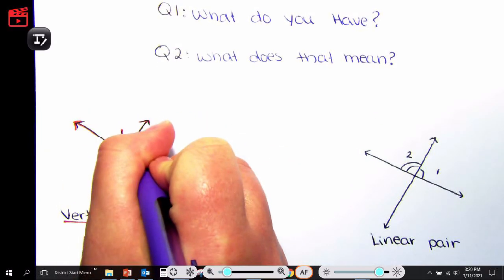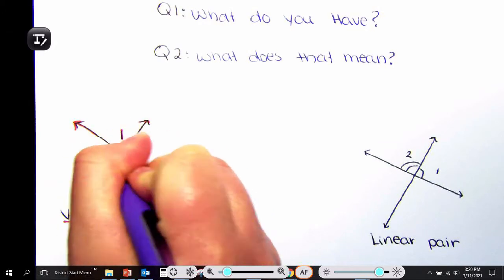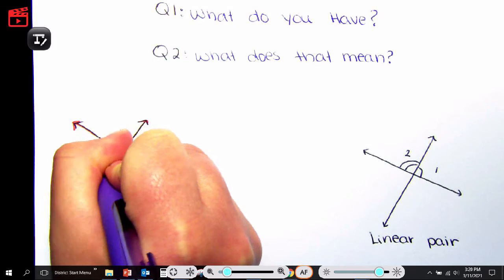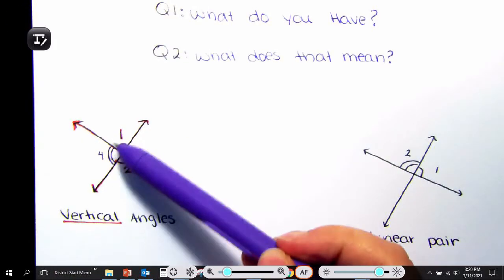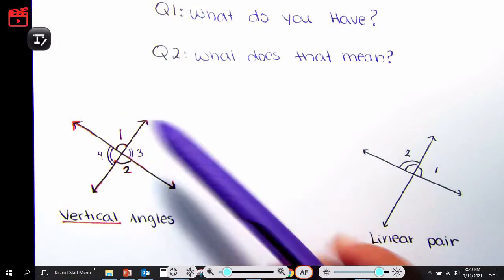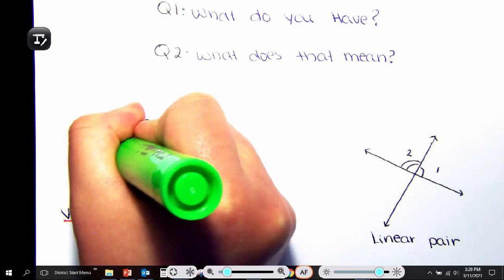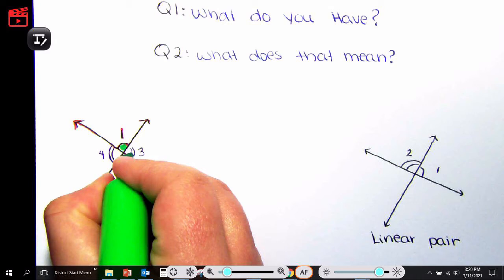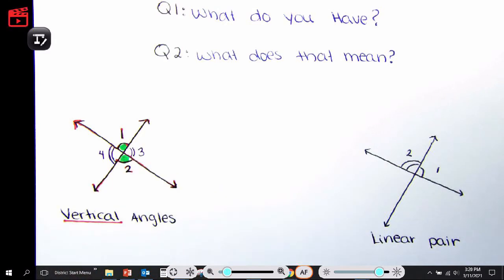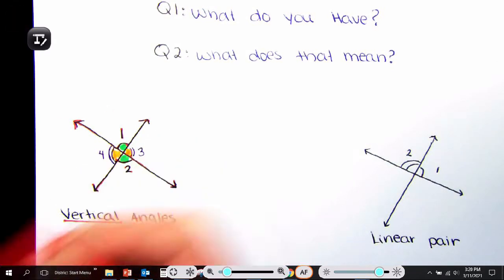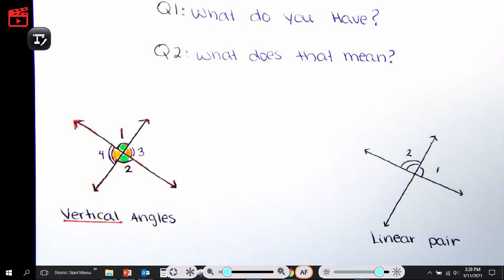So notice how I am creating these tick marks, and the number of tick marks are the same. So angle 1 is congruent or equal in measure to angle 2. Angle 3 is congruent to angle 4. They are equal in measure.